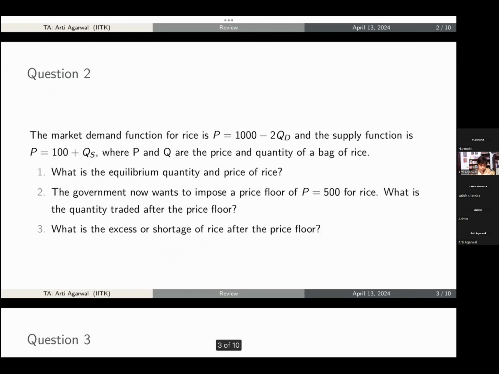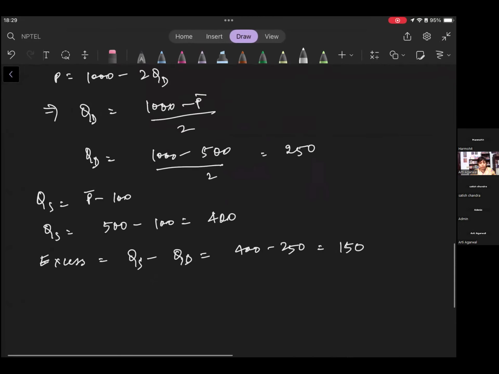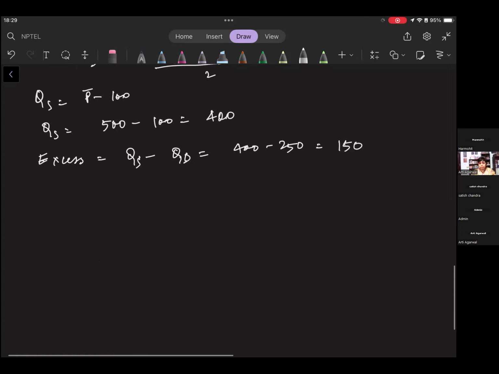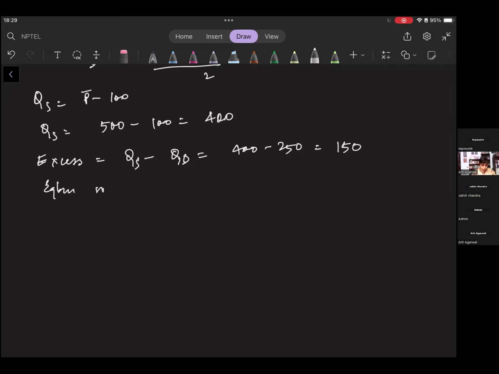Ma'am, if it was the price ceiling, how would we go about doing that? If 500 was the price ceiling, then if the price ceiling is more than your equilibrium price, your equilibrium is not affected by it, because your equilibrium price is anyway not reaching that value. Your equilibrium P star is equal to 400, which is less than 500.